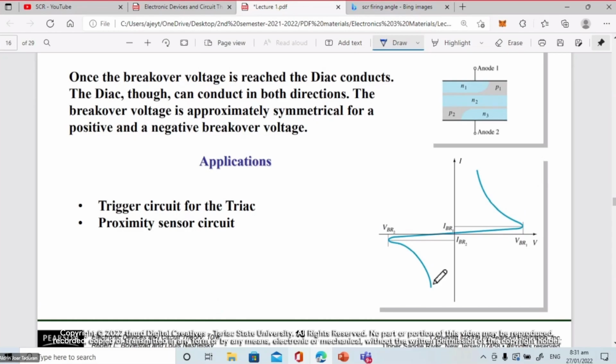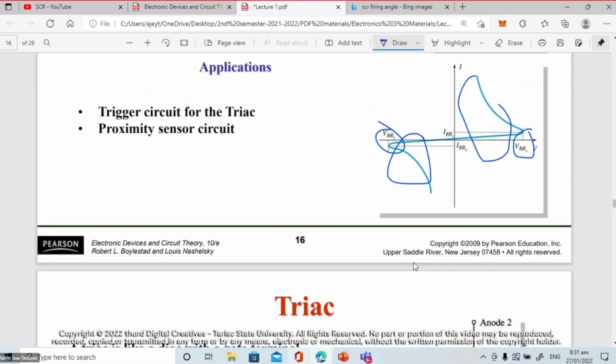Mapapansin natin dito yung breakover natin. Minimum voltage to conduct yung natin. Parehas lang naman yung diode natin. Okay? So, symmetrical siya. So, ibig sabihin yung diode natin can operate at the positive portion of the cycle and then the negative portion of the cycle. Okay? So, they are trigger circuits for the triac and the proximity sensor circuitry.